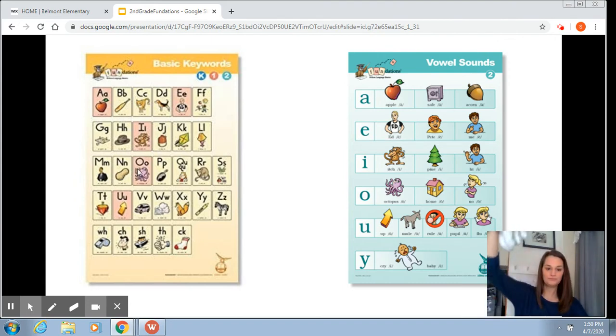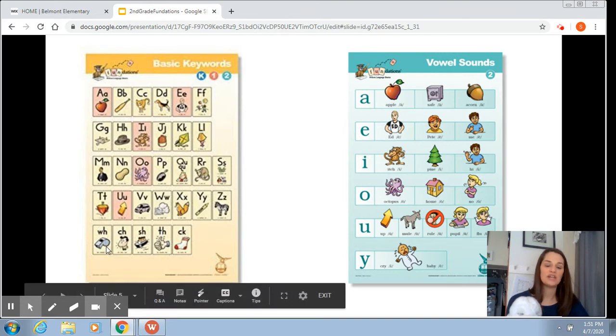A, P, Qu, S, T, A, V, W, X, Y, Z. Excellent job. Let's move on to our digraphs.